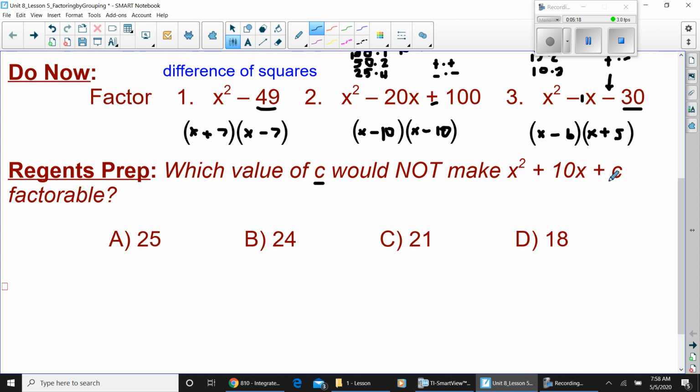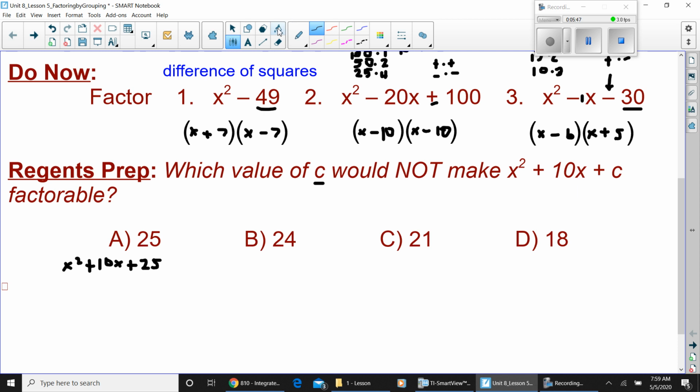So press pause, but just to get you rolling, put x squared plus 10x, and then plus 25. It's an annoying question, but it's a little bit easier. Thank goodness, it's all positives.